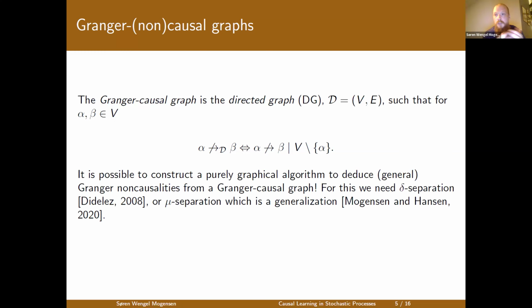And it's possible to read off from this graph more general Granger non-causalities, which is quite interesting, right? Because you input only Granger non-causalities of a very specific type, but then you can read off more from it, and this is what is known as a global Markov property. And for this, we need delta separation or mu separation, and those are analogous to d-separation in DAGs.